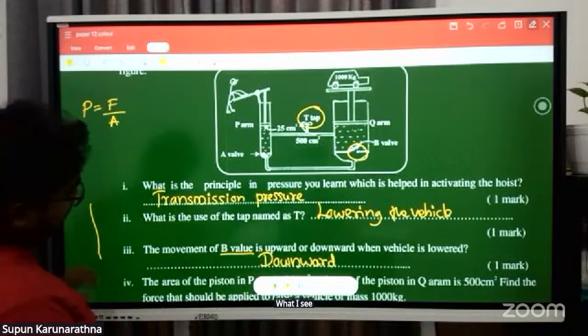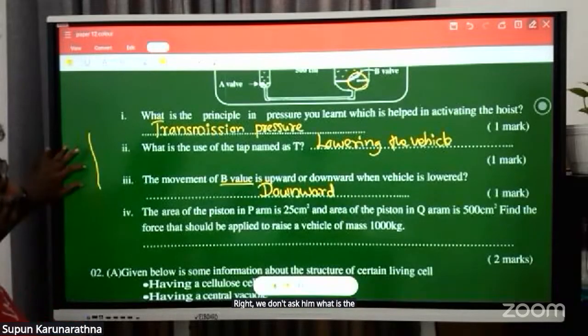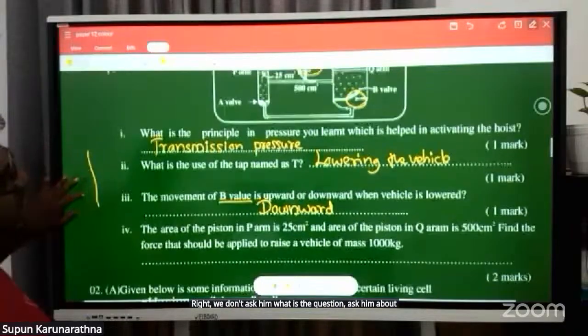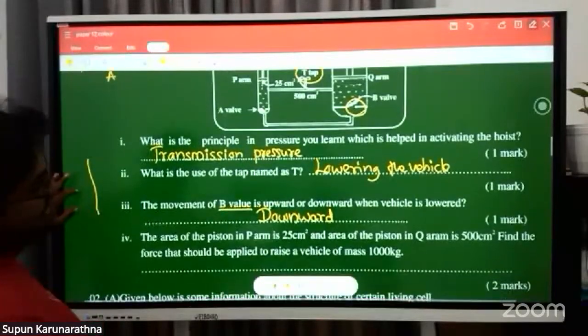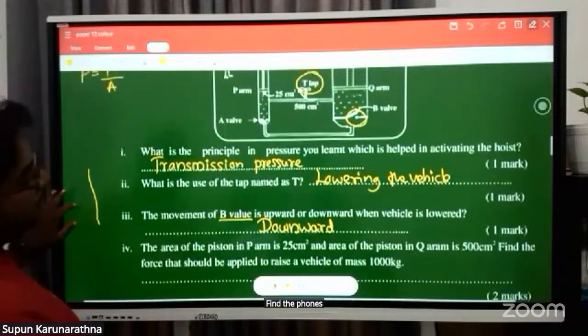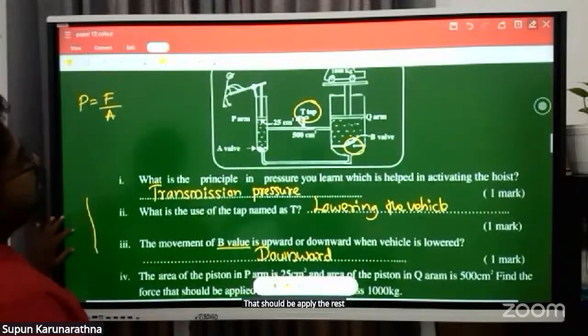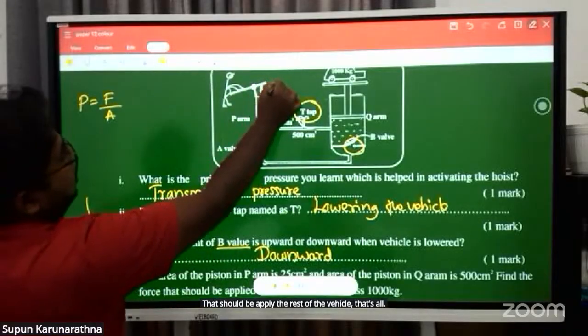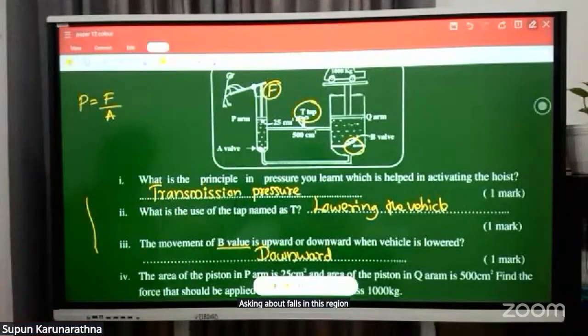What is the question asking about? Find the force that should be applied to raise the vehicle. It's asking about force. So how do we find that?